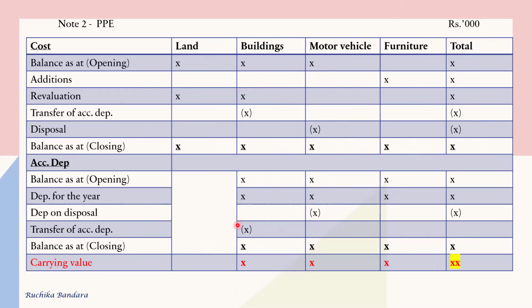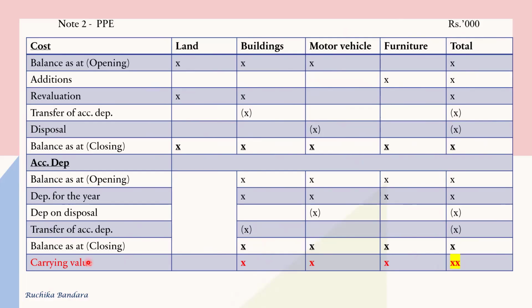Then you can see there is a deduction from the accumulated depreciation account. That amount you have to deduct, get the ultimate value as a closing. Then you get the closing balances of the accumulated depreciation.